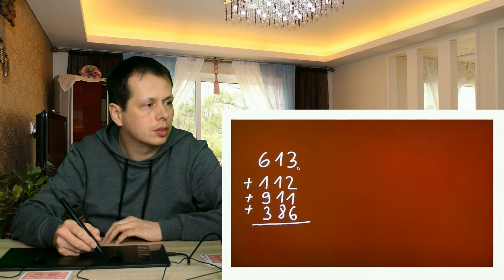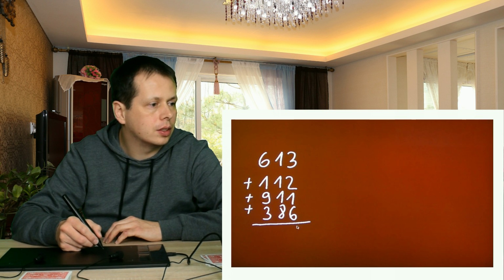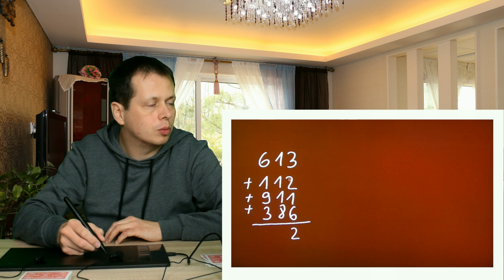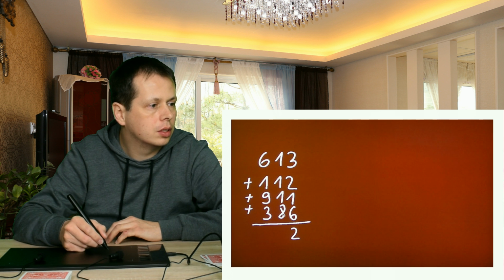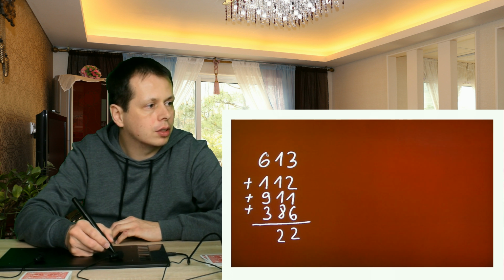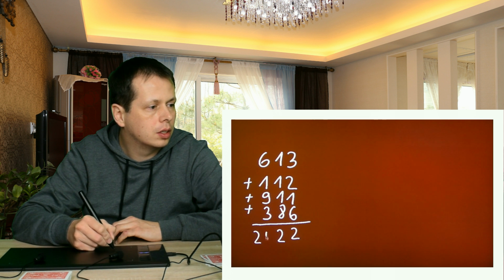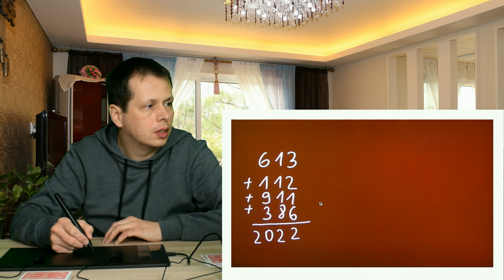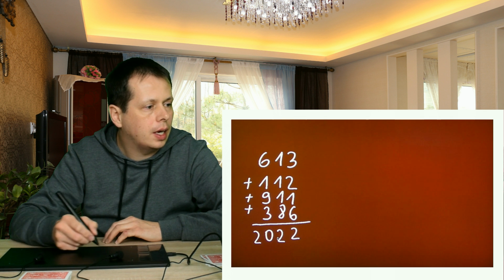So the sum of this 5, 6, 12, and 1 here, 2, 3, 4, 12, another 1, 7, 8, 17, 20. Okay.